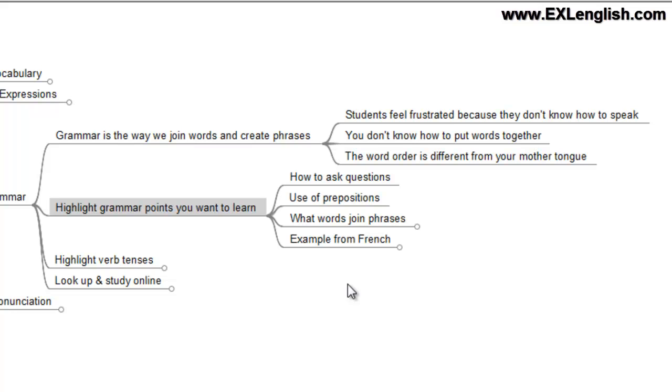Or you may want to know how to use prepositions. For example, like in, on, and at, that can be confusing to someone who is learning English. For English speakers, they seem normal and natural.